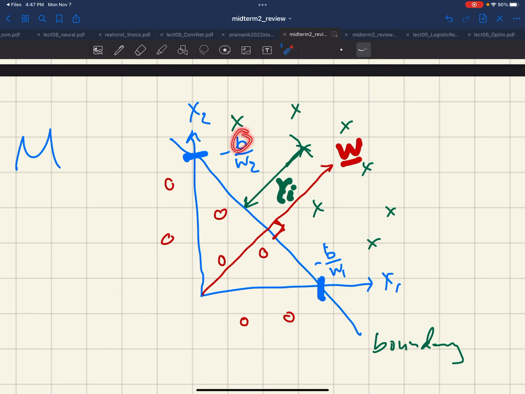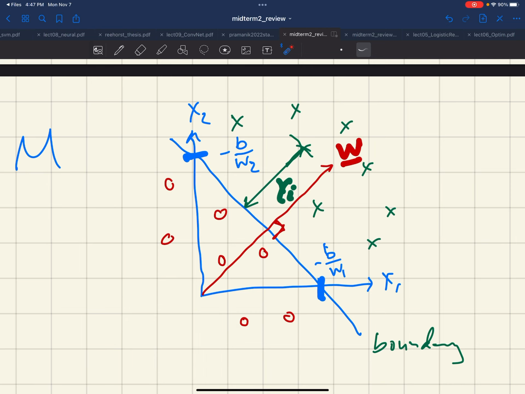If you tell me B and W2, I can tell you where that boundary crosses the x2 axis and so on. So we know, number one, that we have this orthogonality. We can also nail down exactly where our boundary crosses our axes. And one thing we noted is that if you scale both B and W, then the boundary doesn't actually move at all. It stays in the same place.